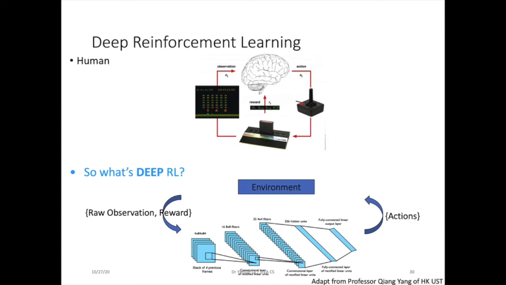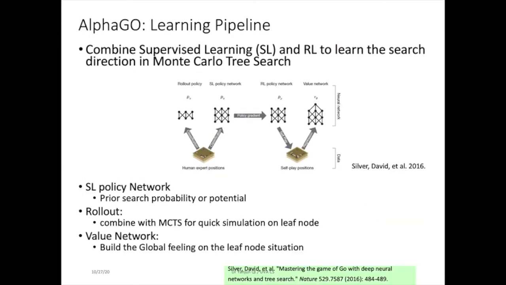For example, you can use the observation and reward as input, and the action as the output. So it is more like a policy that uses the observation and current reward to predict what action I should take. This is one kind of deep reinforcement learning. There are many other kinds.